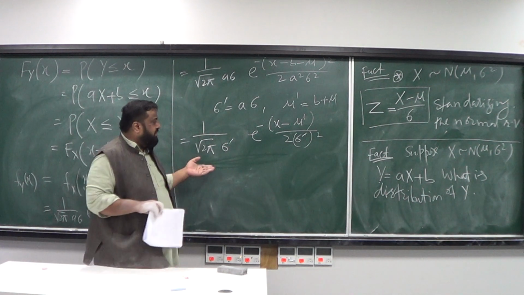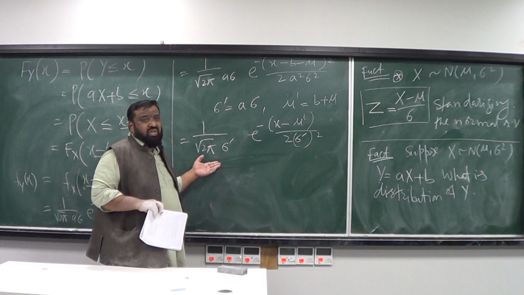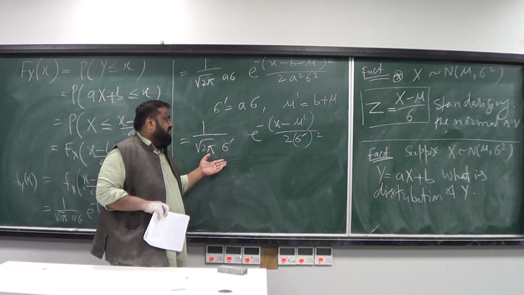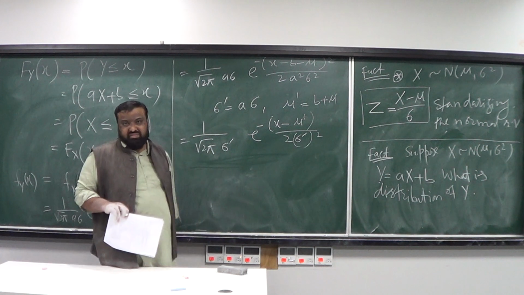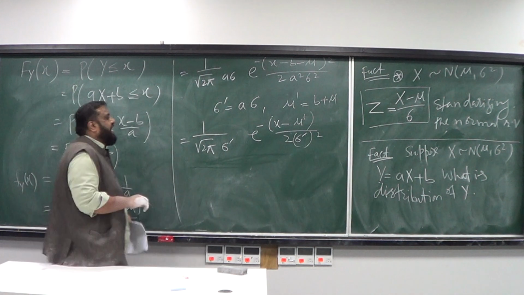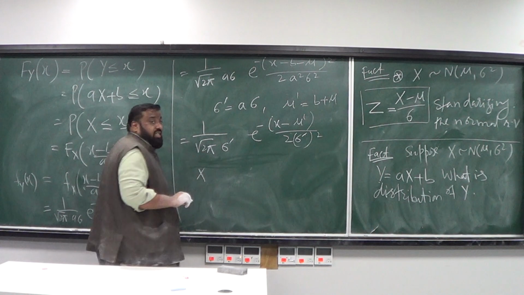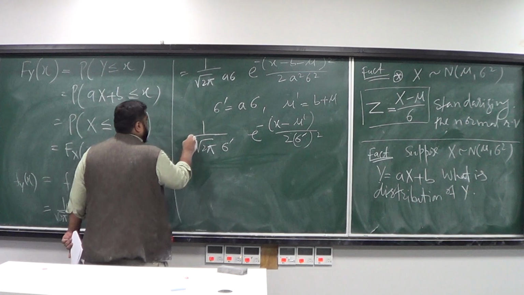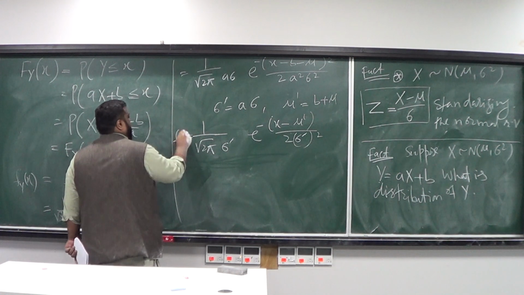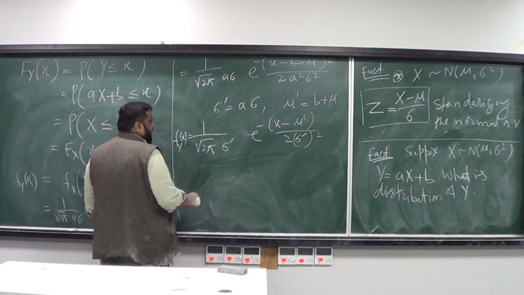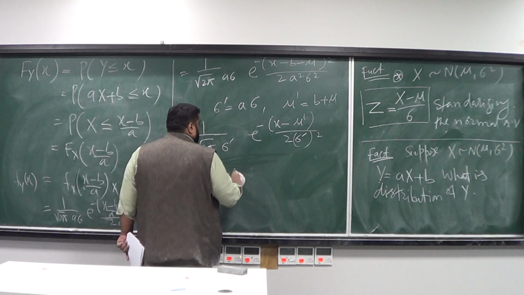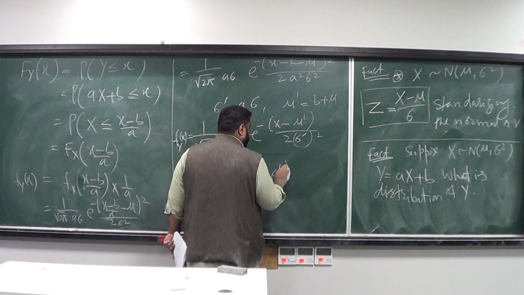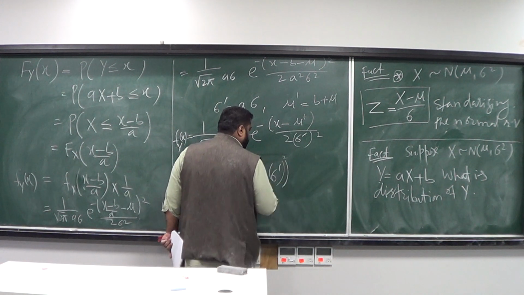This is the PDF of some random variable. Then you can say that, aha, this is equal to f_Y of x. So what does this mean? It means that y is normally distributed with mean mu prime and variance sigma prime square.